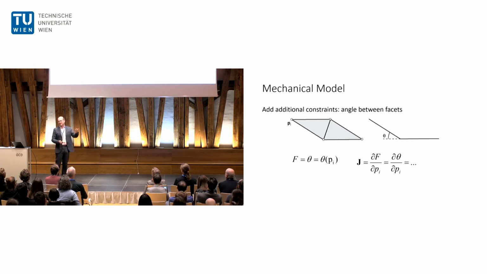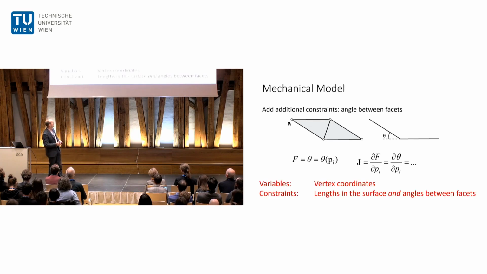And again, we followed the same thing. The form of the constraint is not as simple as it would be for a simple length constraint, but you can calculate the angle, do the first order compatibility, and now our variables are those vertex coordinates, and the constraints are the lengths of the bars and the angles for the facets.